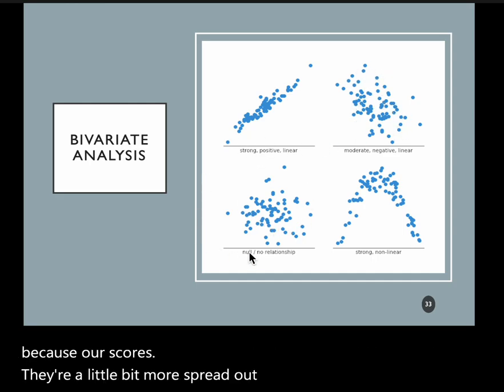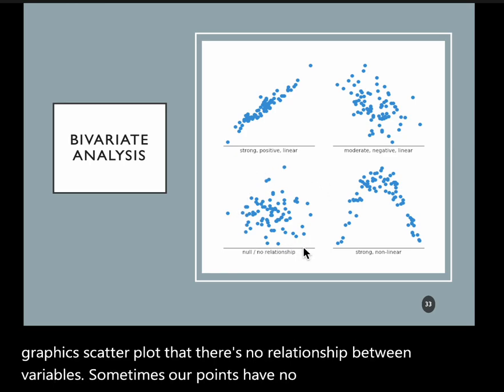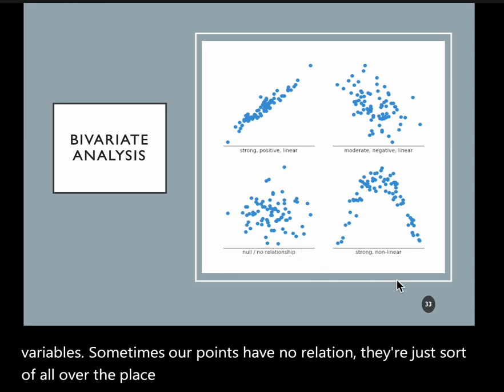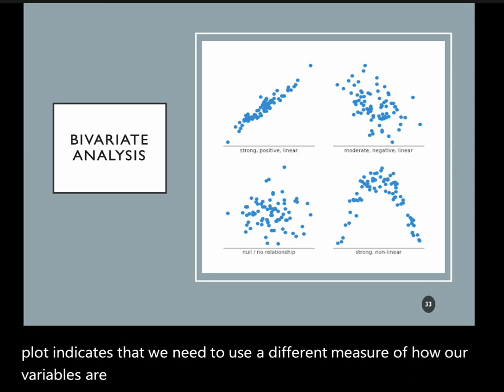We can also see from a scatter plot that sometimes there's no relationship between variables. Our points have no relation, they're just all over the place. But sometimes a scatter plot indicates that we need to use a different measure of how our variables are in relation to one another because the relationship is not linear.